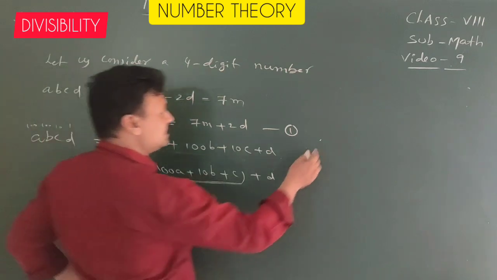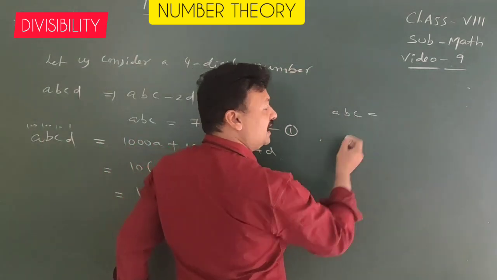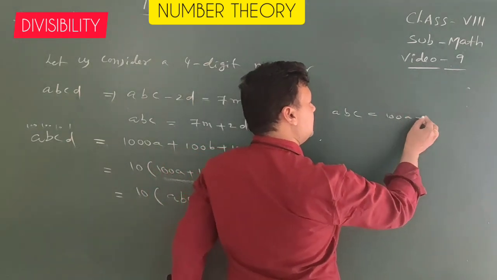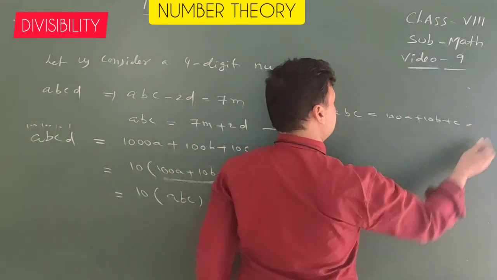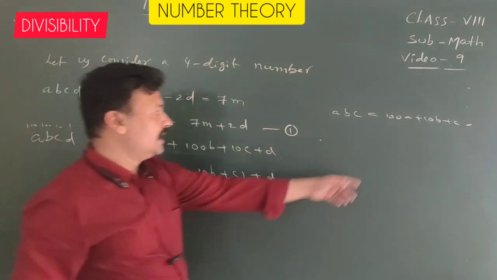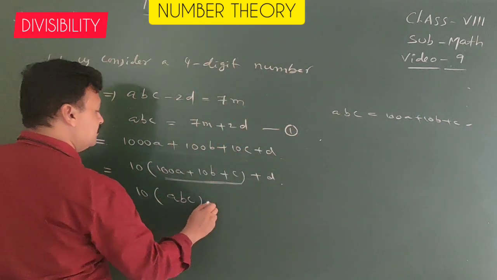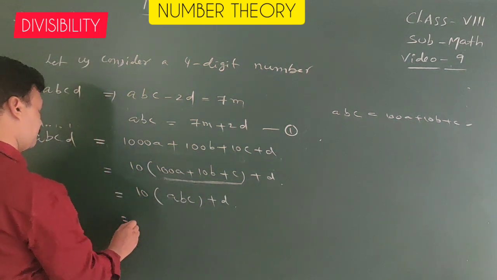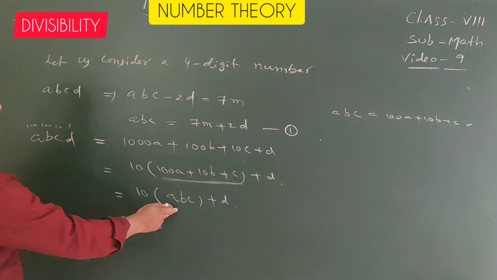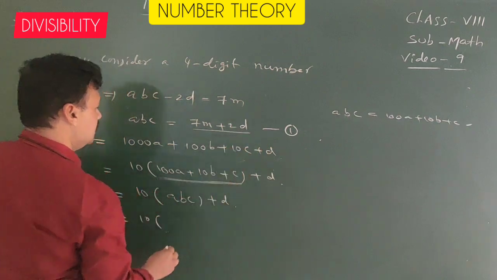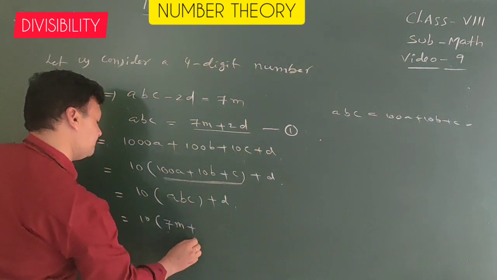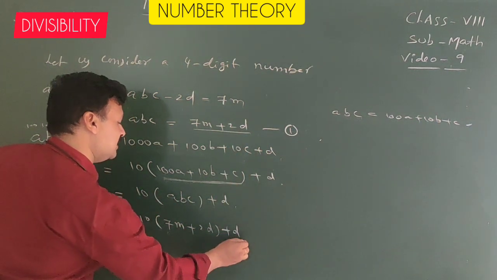If you expand ABC, you will get 100A plus 10B plus C. So 10 into ABC plus D. Now 10 into ABC, from the first equation, is 7M plus 2D, plus D.